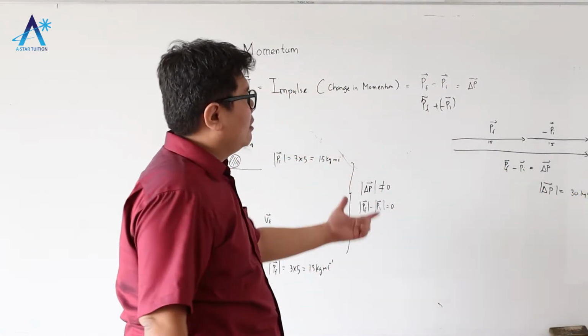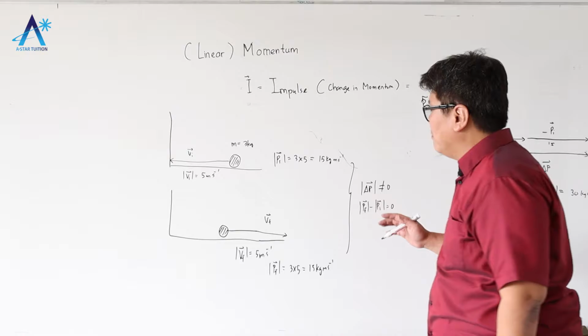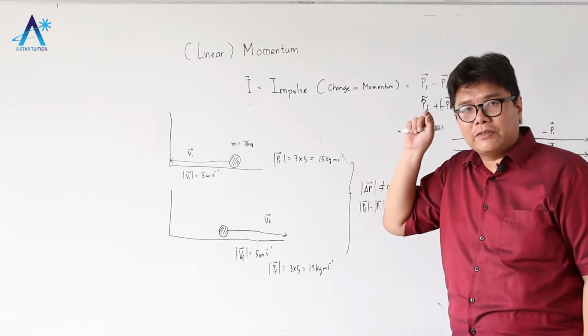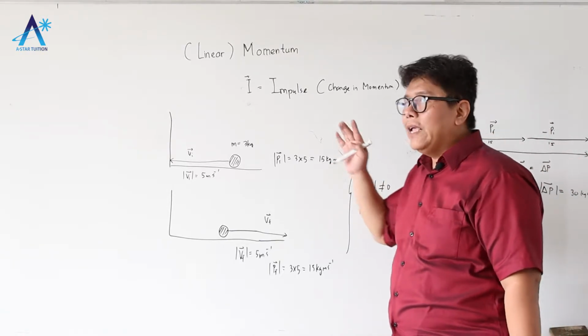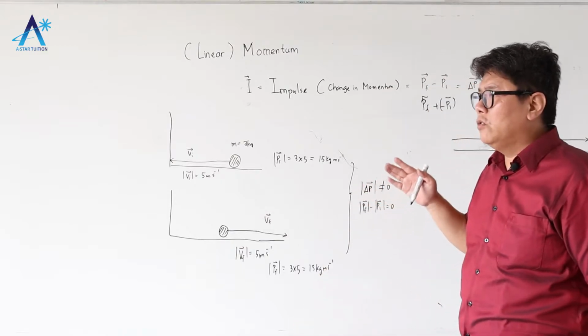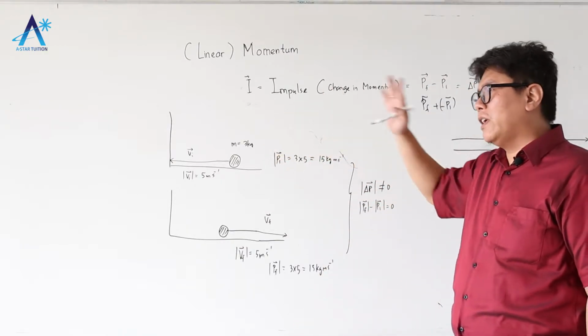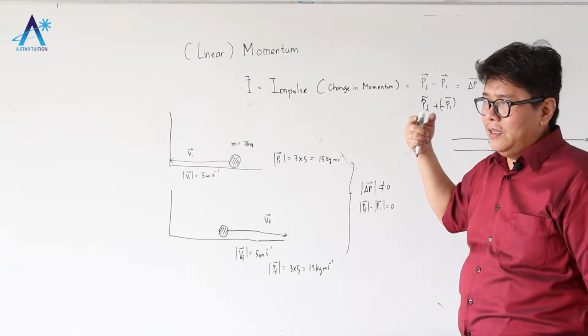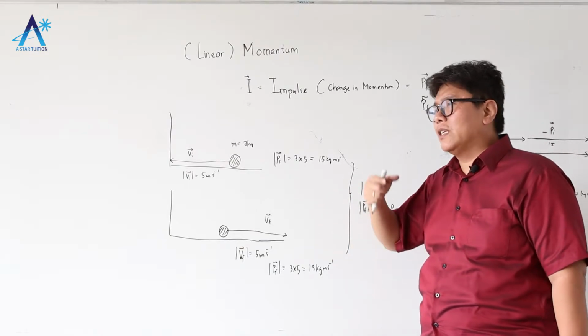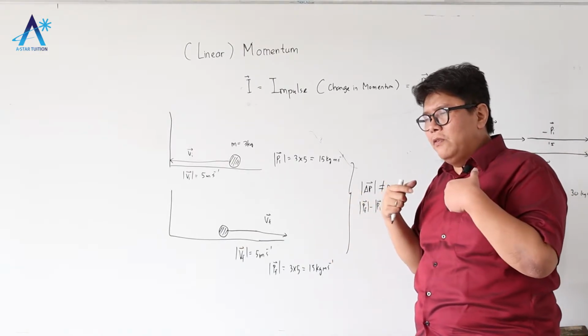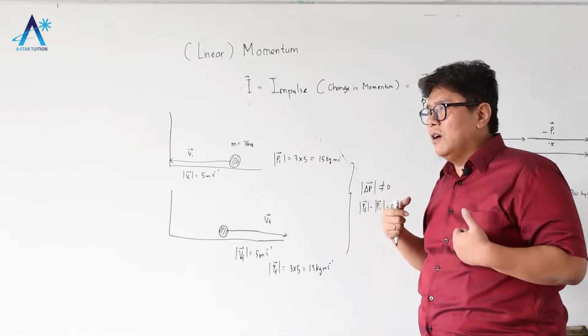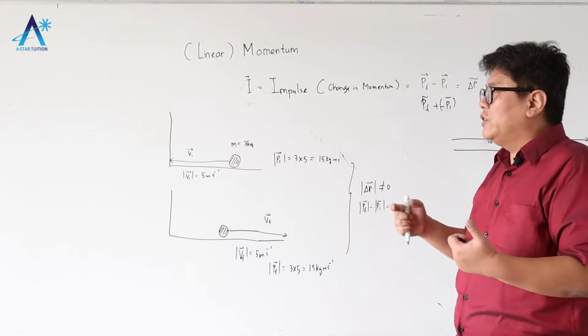Now the way we work it out is we can do it by assigning a negative sign to negative velocity. Usually moving to the left is negative and moving to the right is positive. But remember, it's just a convention. If you use a different convention, as long as you are consistent, that should be okay.